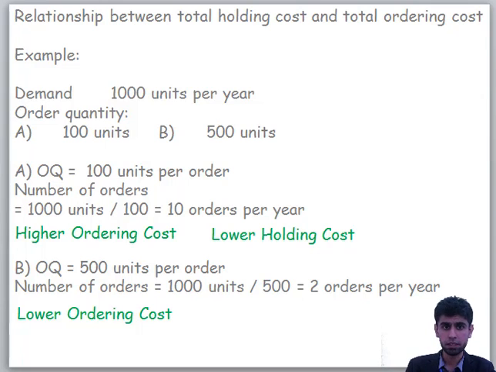But in situation B, because I'm going to order 500 units, I will have to store a higher number of units. Therefore, my total holding cost will be higher in situation B. So this shows us the relationship between total holding cost and total ordering cost: there is an inverse relationship between them.